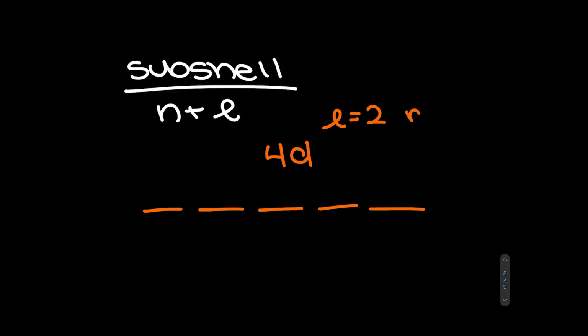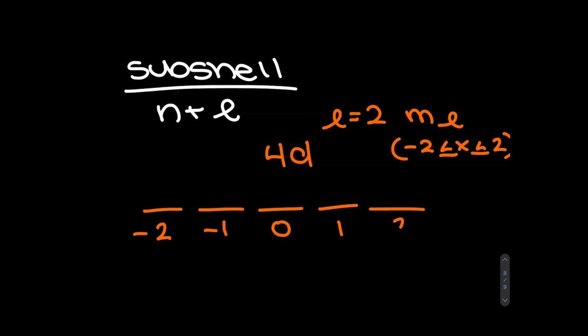So that means m sub L can be from negative 2 to 2. So the orbitals would be negative 2, negative 1, 0, 1, or 2.